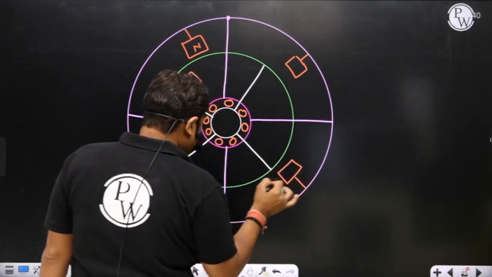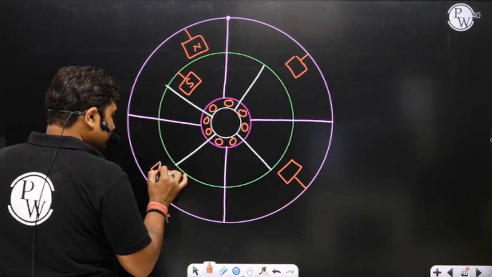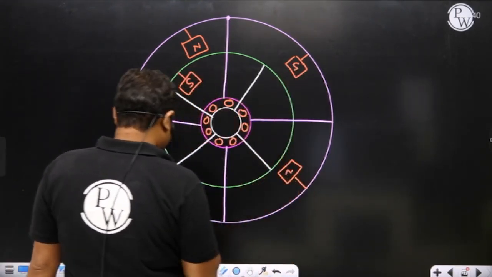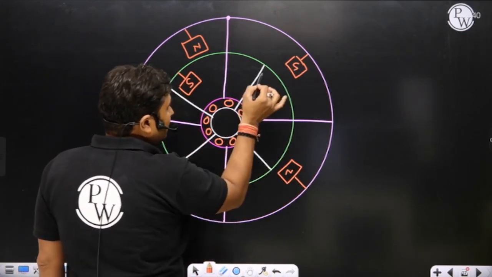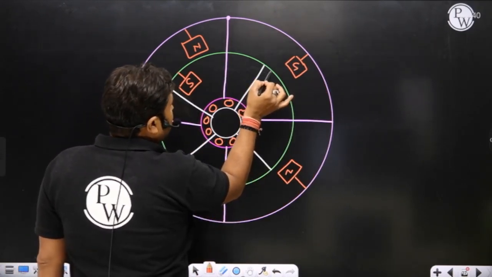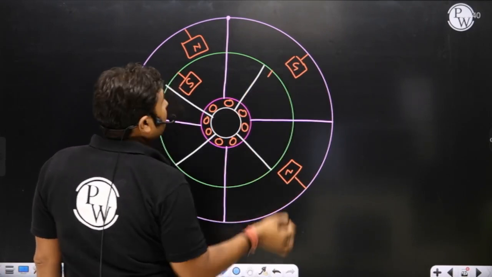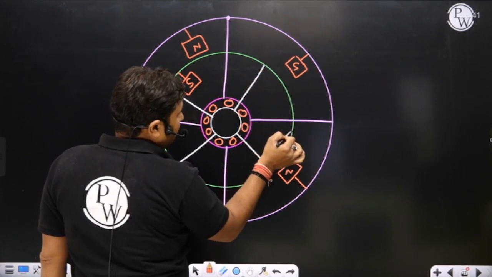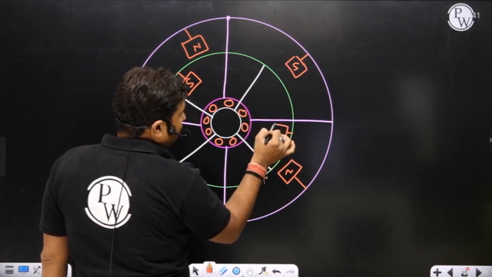Let us suppose for a moment. They have polarity north, south, and I have the inner surface. The inner surface also has magnets connected in this fashion.